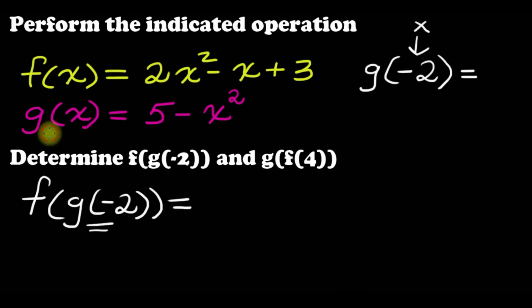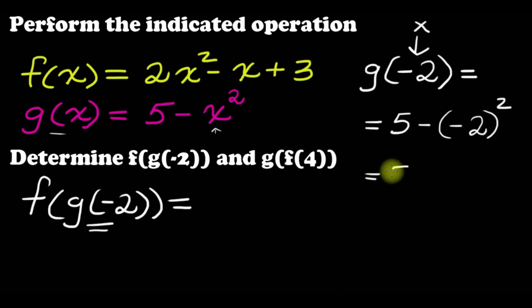So here's g of x. So x is negative 2. So you're going to plug negative 2 into x. So it's going to look like this. So you get 5 minus negative 2 squared.